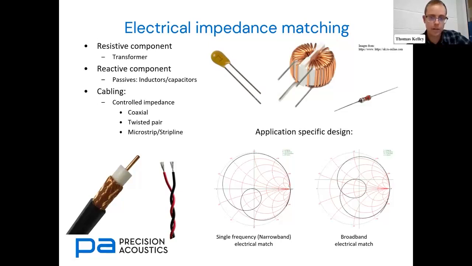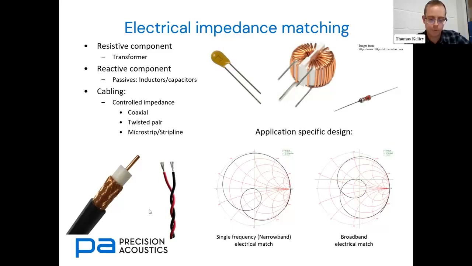So at this stage, while we're considering the electrical side of transducer design, we should also consider cabling. The choice of cable can have a vast impact on transducer performance. And if possible, and it's very much a preference, a cable with a controlled impedance should be used.